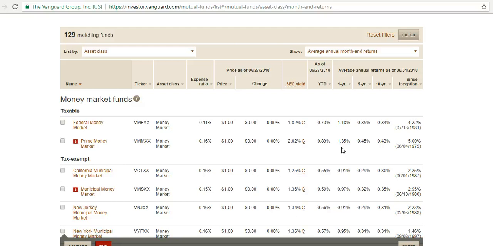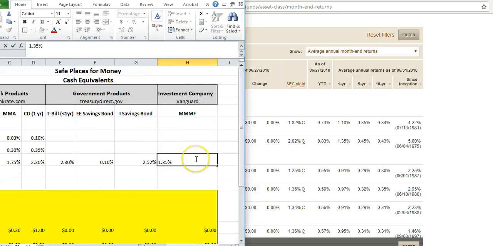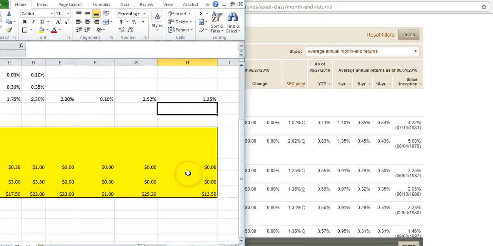This is, again, not insured, but it's a way to hold your money in your investment account until you make investments into bonds, stocks, mutual funds, ETFs, etc. So let's go ahead and put down 1.35% in our table. And that's about $13.50 a year.